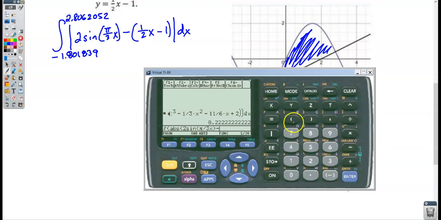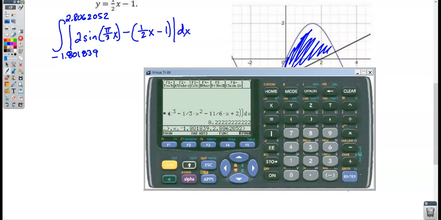If I'm using a calculator that I'm not used to, I typically look for the catalog of all commands and let it search for that. Close my absolute value. We'll see how my calculator does with this.